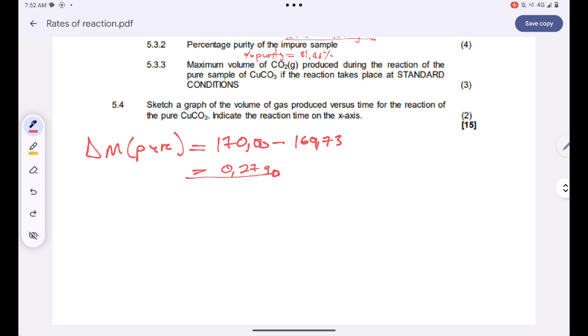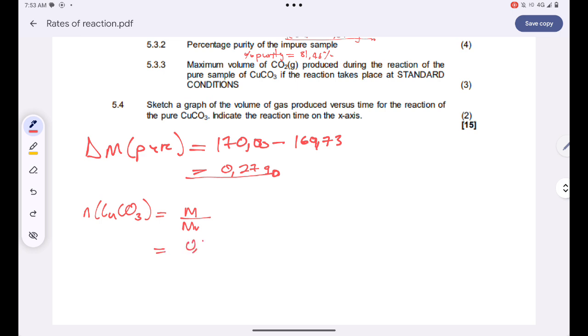So I can simply find the number of moles which were used to form carbon dioxide. The number of moles of my copper carbonate is mass all over the molar mass. From the periodic table, copper is, let me check, 63.5.